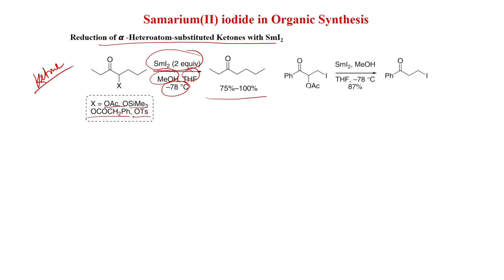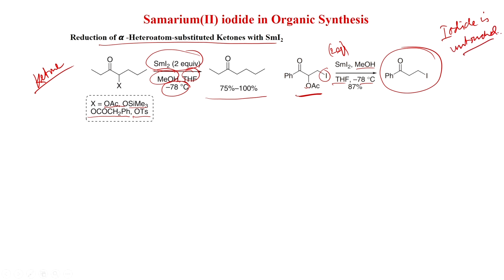Also, it is interesting, in this ketone if you see there is an acetate OAc at the alpha and at the beta there is iodide. Now, if you add only 2 equivalent of samarium iodide and methanol, same condition, THF minus 78 degree centigrade, you get this. So, here the iodide is untouched.